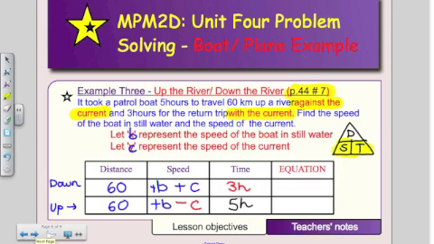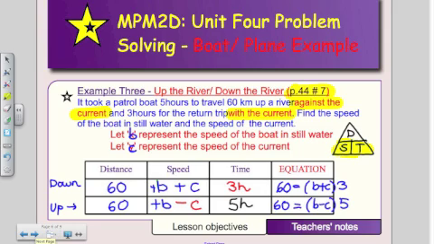So distance, I know, is 60, is going to be equal to speed times time. Distance is equal to my speed, B plus C, multiplied by my time. Over here, I have distance is equal to speed, B minus C, multiplied by my time.